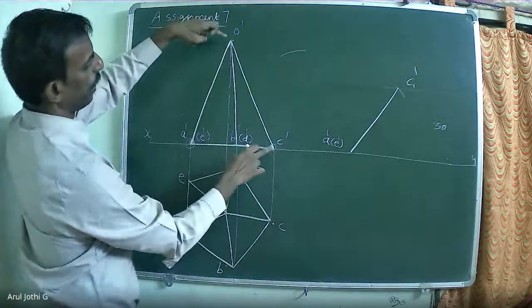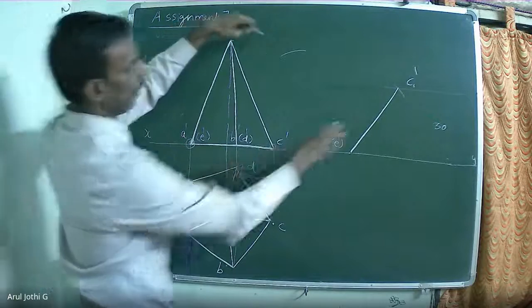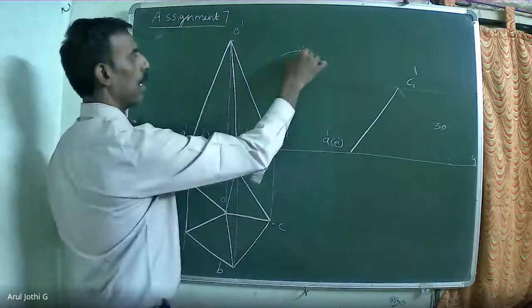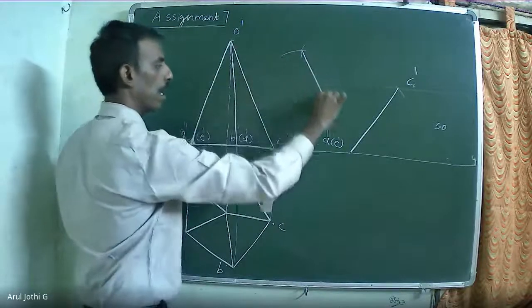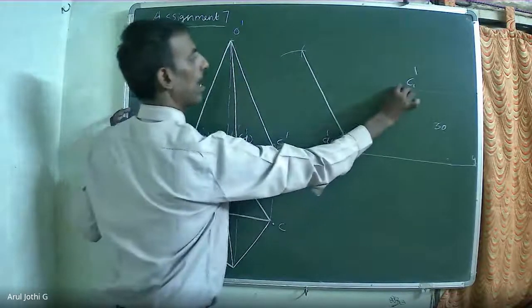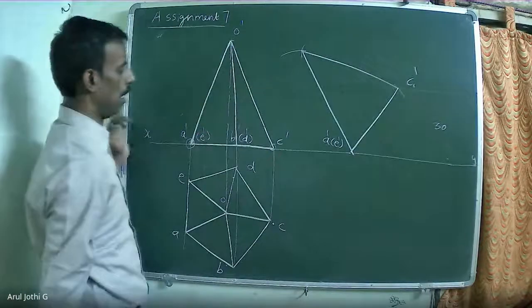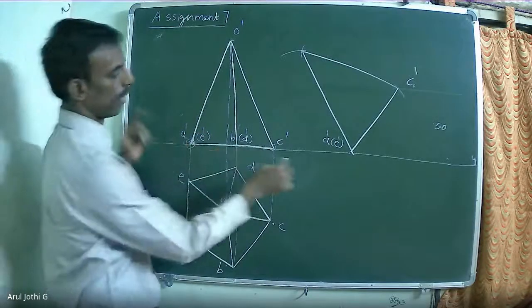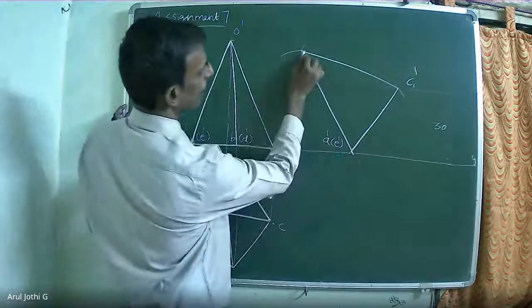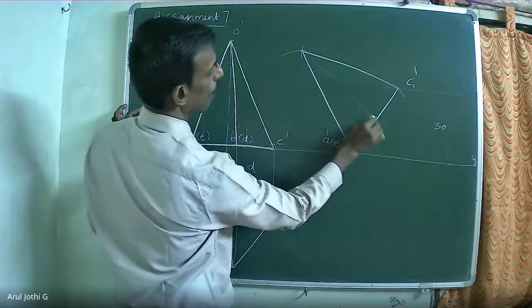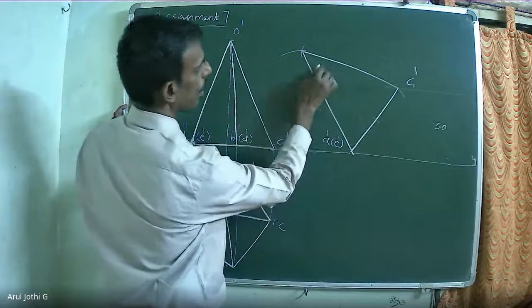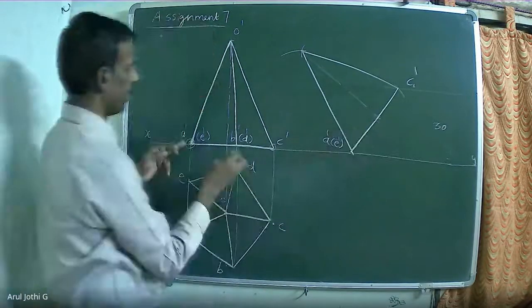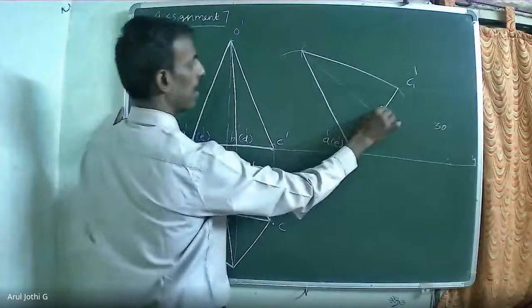Then measure C dash O dash. From here, draw the arc. Now transfer the axis line. Then transfer A dash B dash.